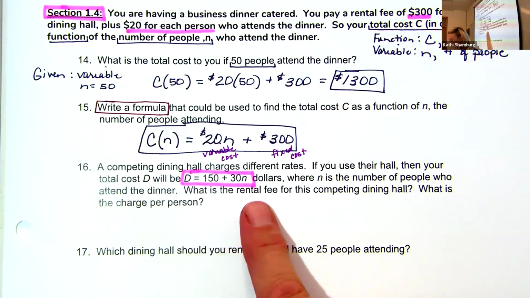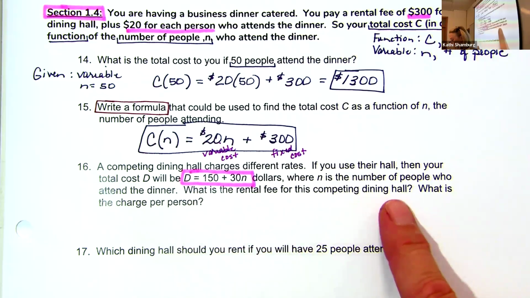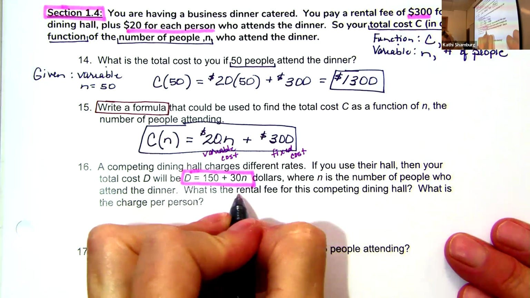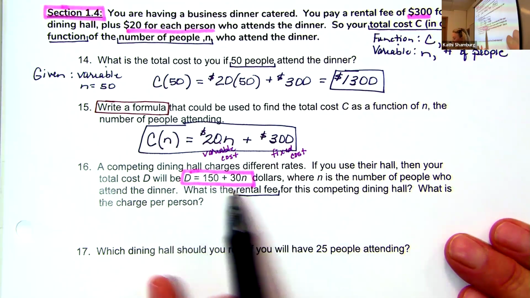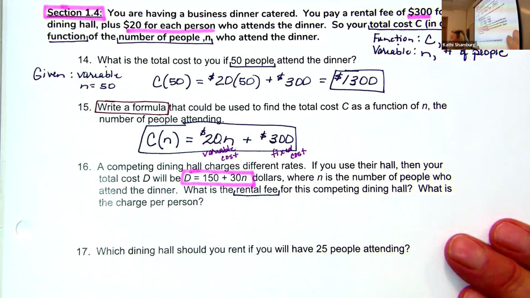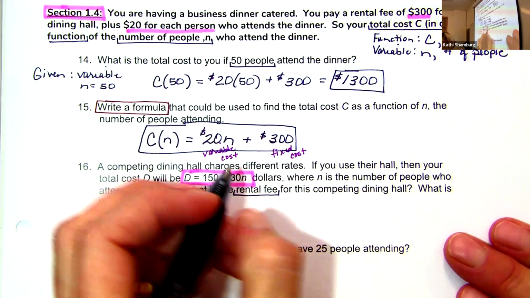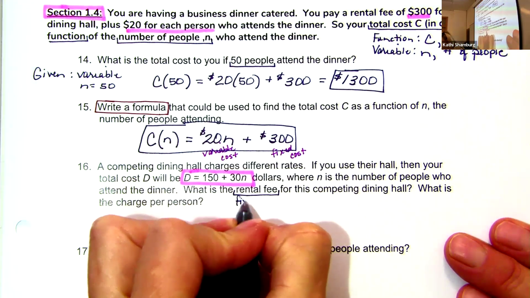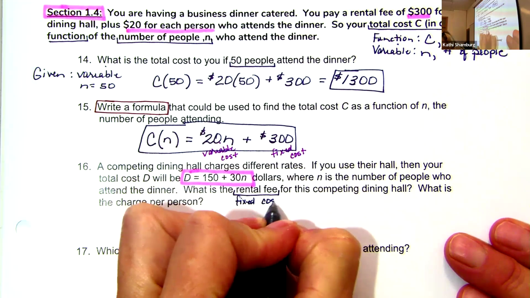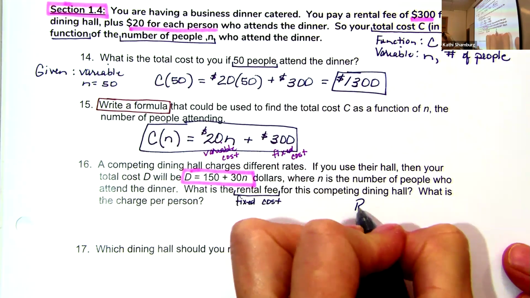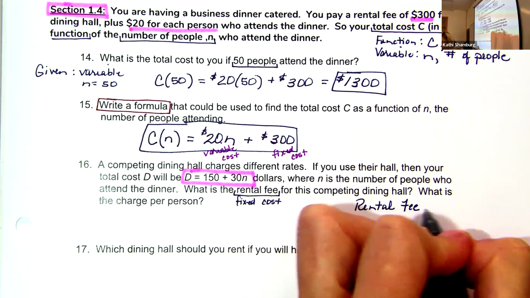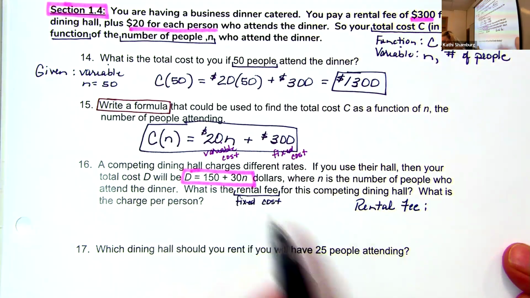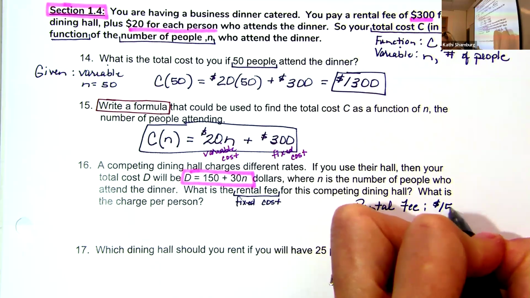It says, what is the rental fee for this competing dining hall? And this rental fee would also be known as what in this equation? Fixed cost. So the rental fee is your fixed cost, which is the $150.